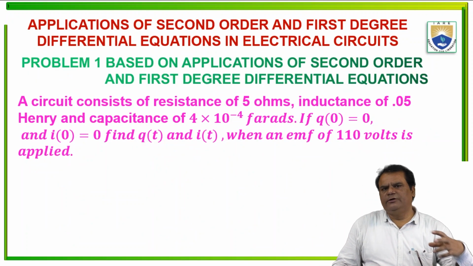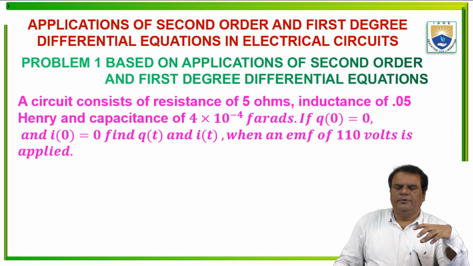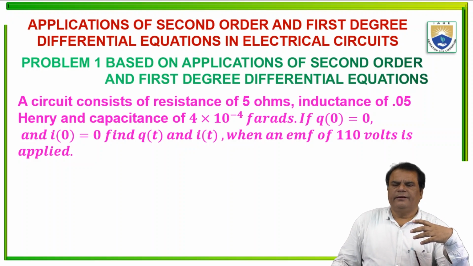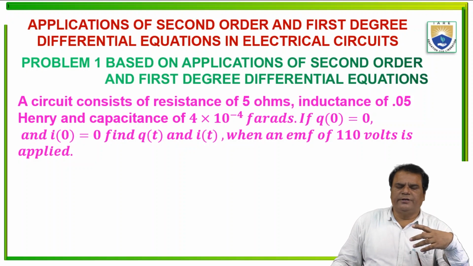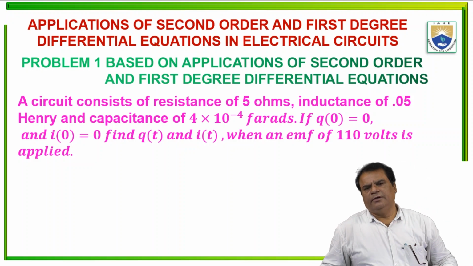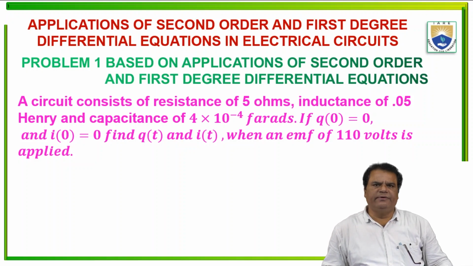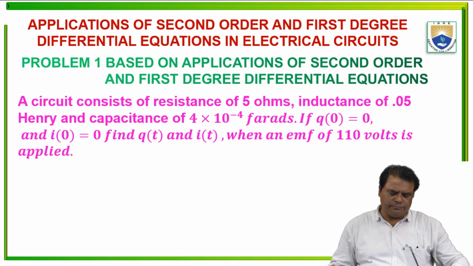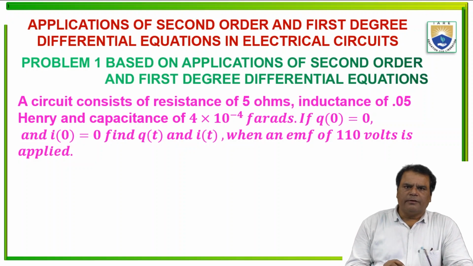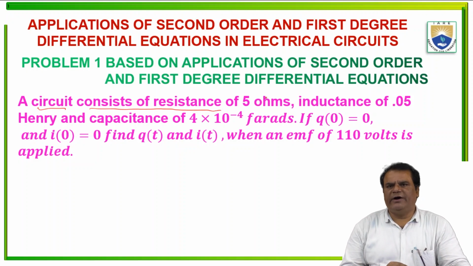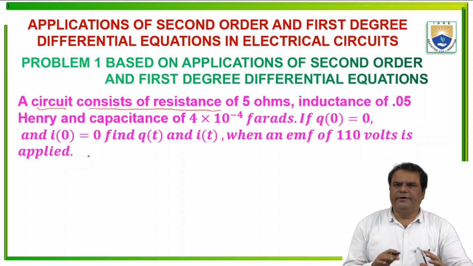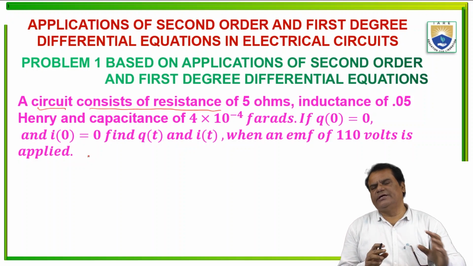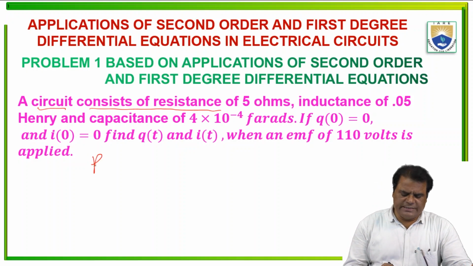Now I want to solve one problem. In this problem, we apply a higher order differential equation with constant coefficients. That is a very easy problem. Here a circuit consists of a resistance of 5 ohm, so resistance R is 5 ohm.